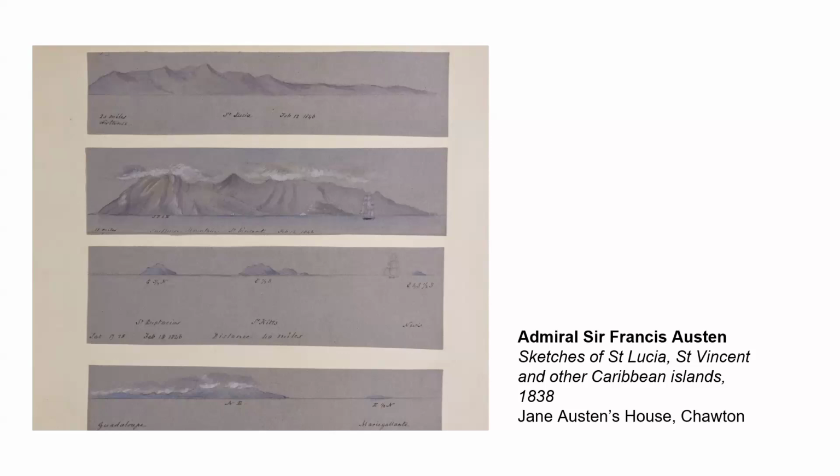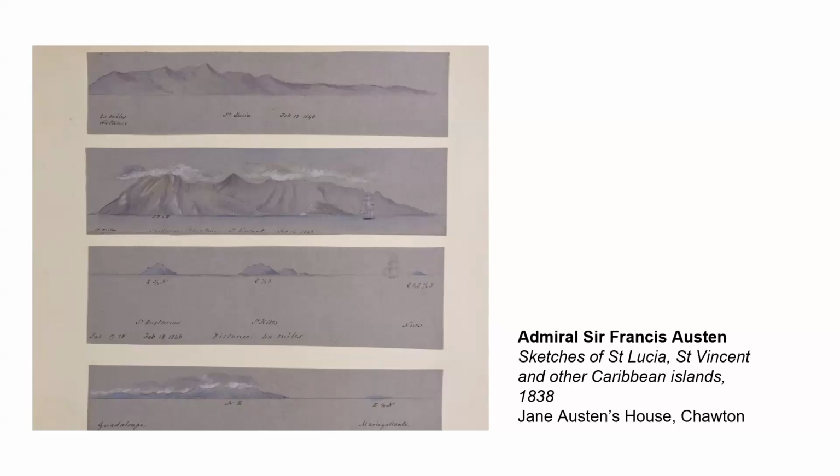Austen, too, had personal connections to slavery through various different family members. She also, interestingly, had two naval officer brothers, Francis and Charles, who were both admirals, who travelled across the British Empire, including the Caribbean.